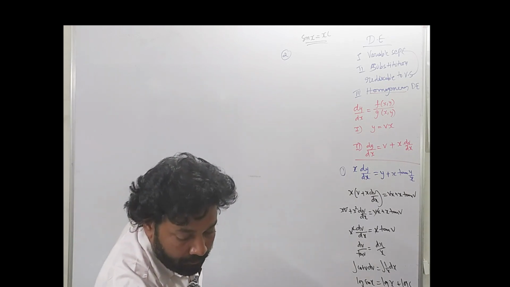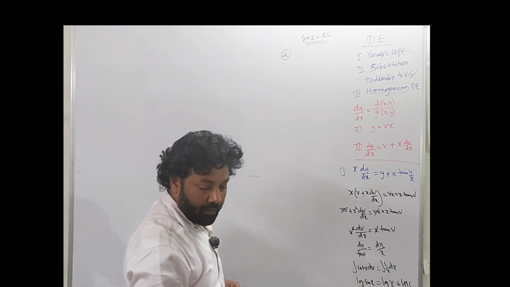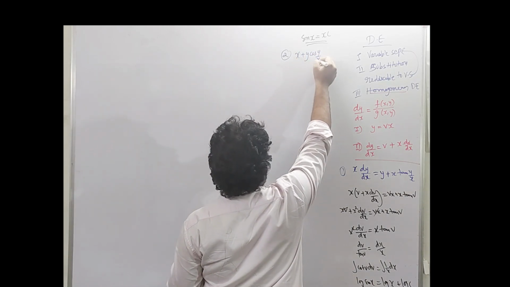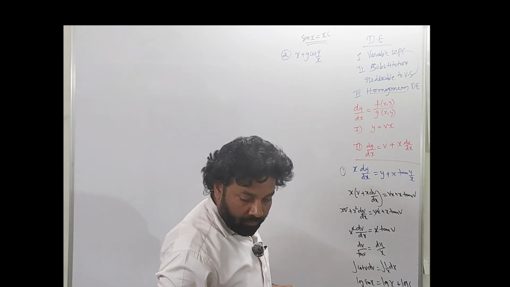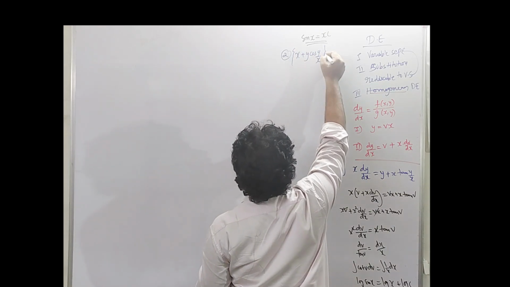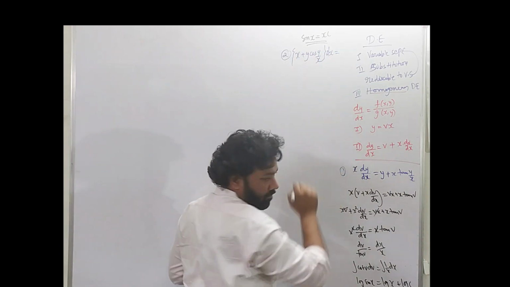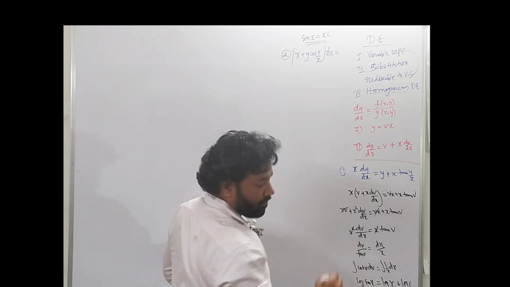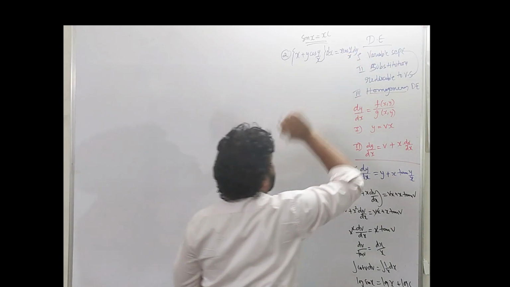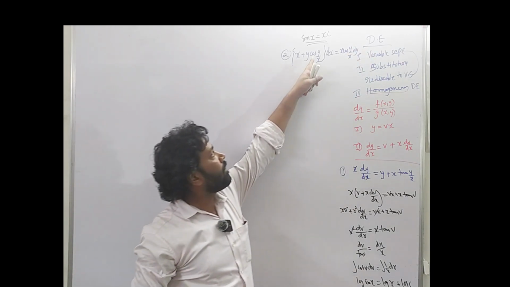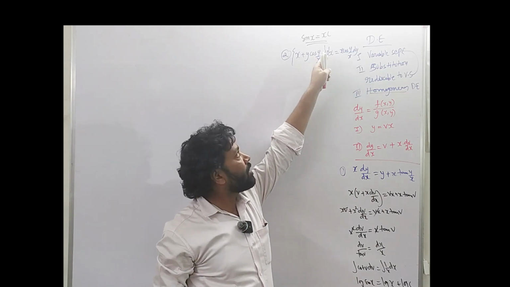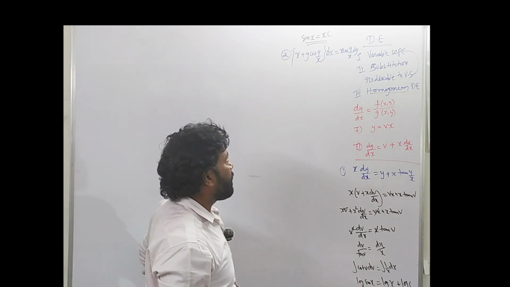We have x plus y cos(y/x). So this is the question again. Here the y and x in the cos, a trigonometrical function, it is homogeneous, it contains y and x both the terms.